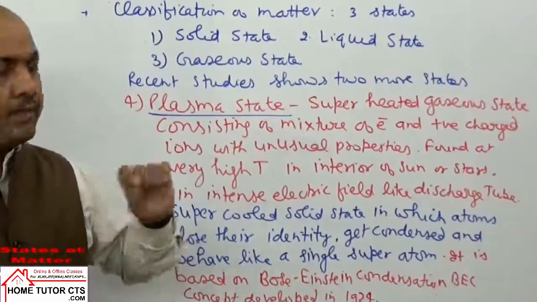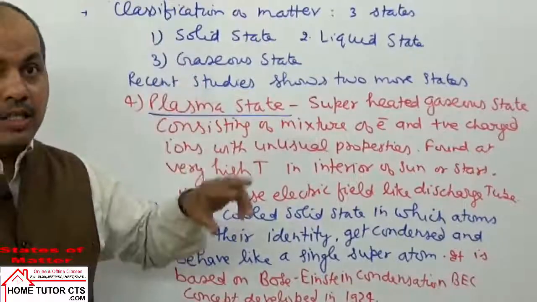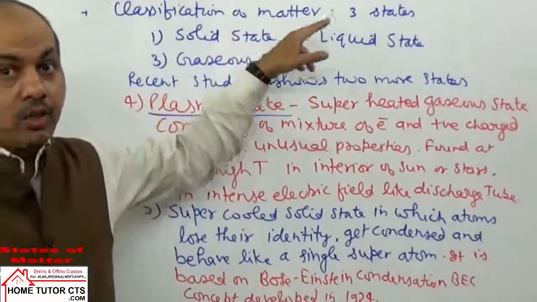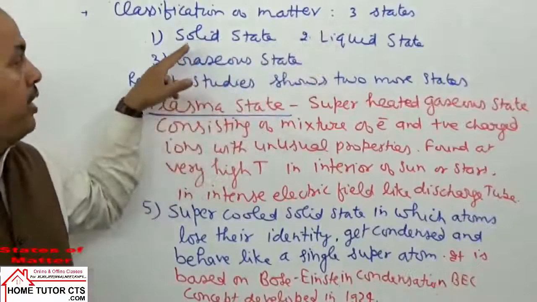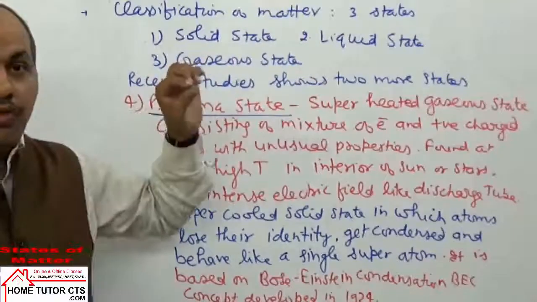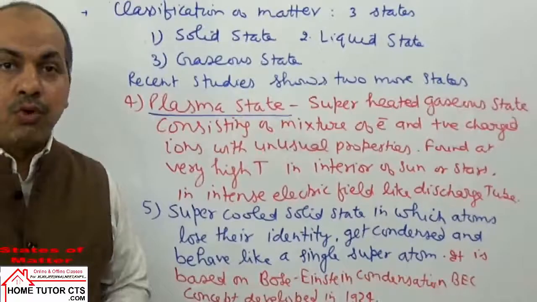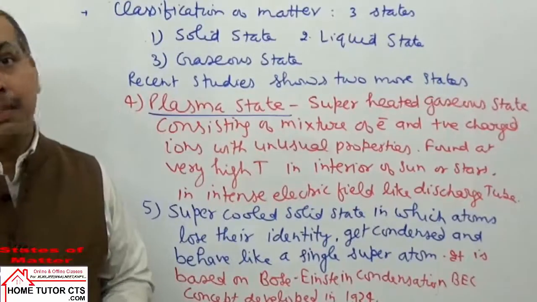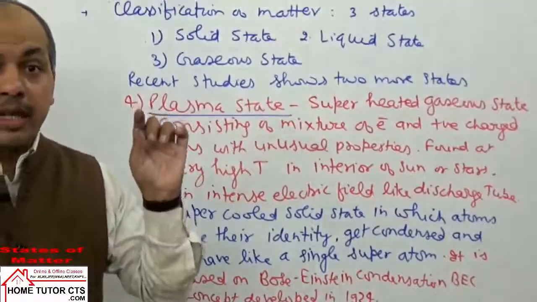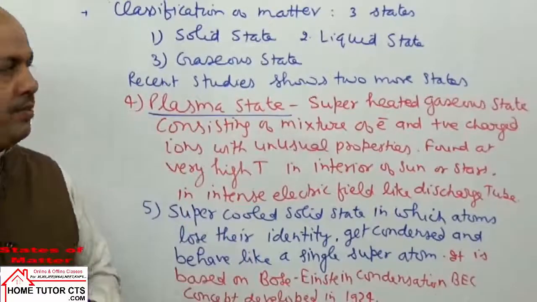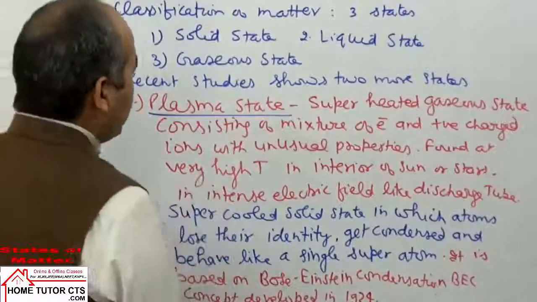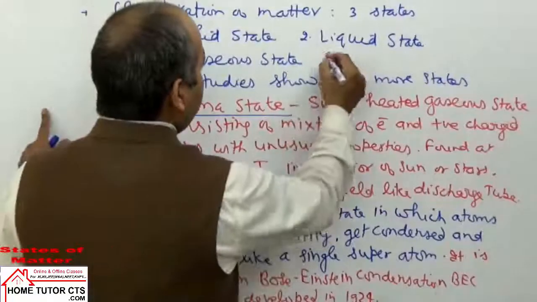Water can exist in the solid state, liquid state and also gaseous state when we have temperature 0 degrees Celsius and pressure 4.58 millimeter of mercury. That is called the triple point. It means water can exist in all three states.